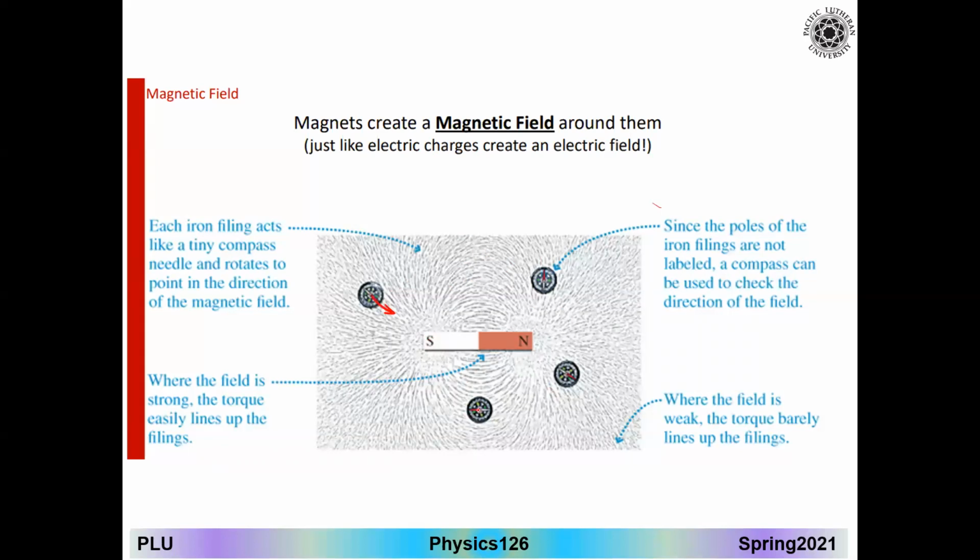This one here has no attraction either way because it is in the center. This one here and this one here show the direction of the magnetic field. So basically the direction of the compass indicates the north, the direction of my magnetic field. That's how I identify the direction of the magnetic field.